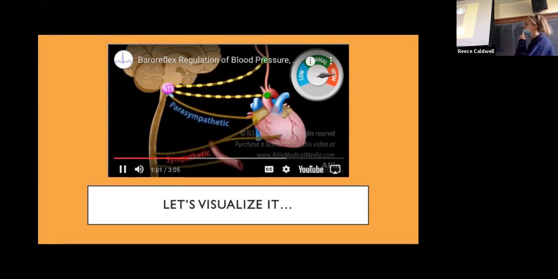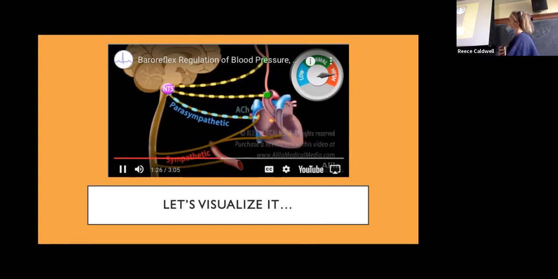In response to increased baroreceptor impulses, the NTS activates the parasympathetic system, the PSNS, and inhibits the sympathetic system, the SNS. As the PSNS and SNS have opposing effects on blood pressures, PSNS activation and SNS inhibition work together in the same direction to maximize blood pressure reduction.